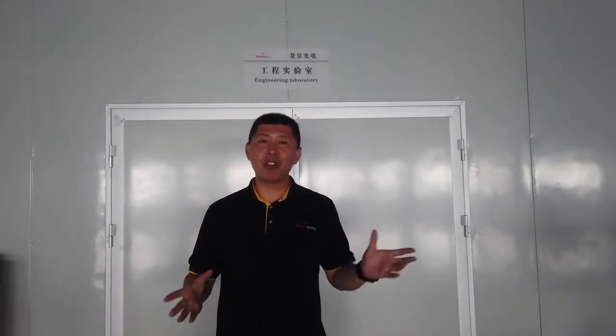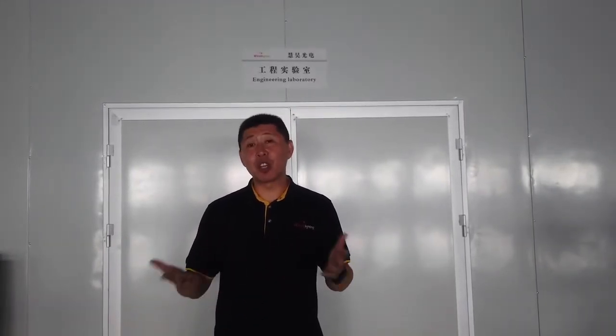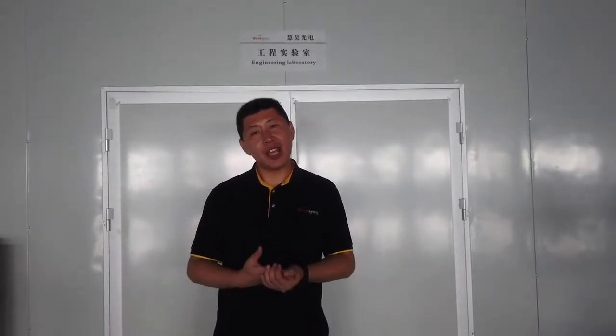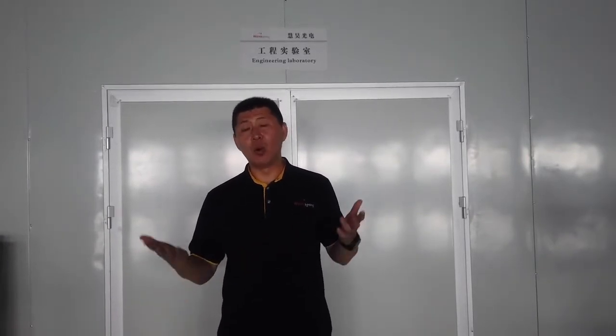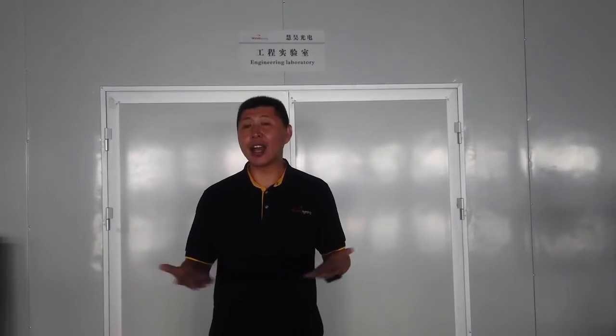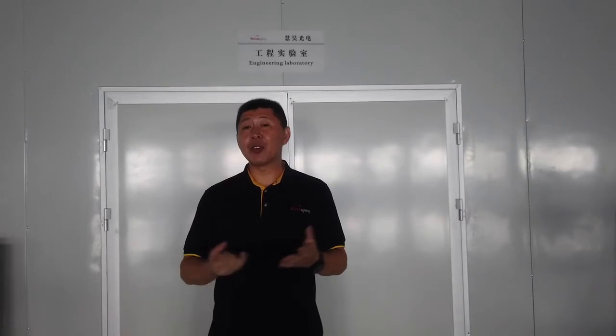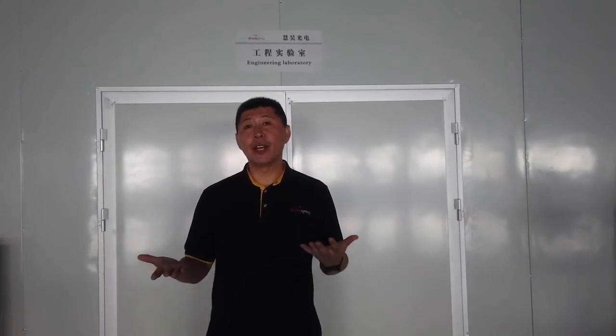One part is for the general testing, such as for the optical data, some checks like flicker, voltage drop, and some insulation for the high voltage, some quality testing for the LED, and also for the finished goods.